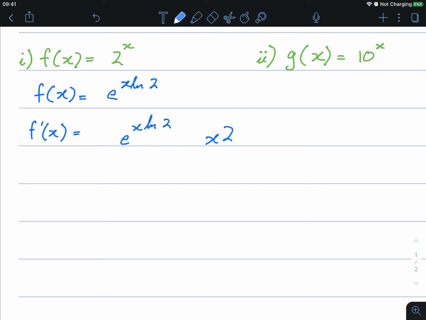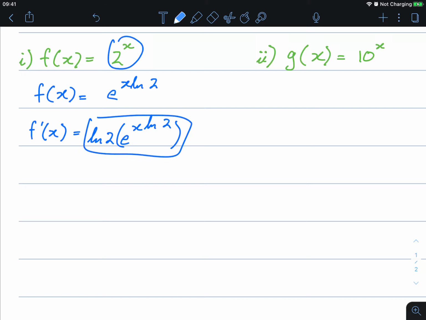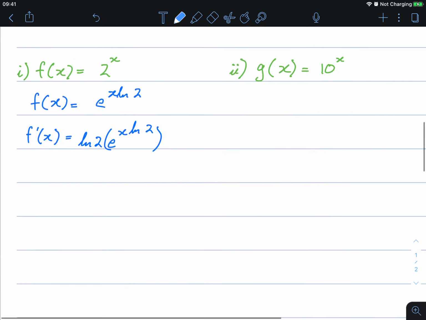It's x ln 2, so that is just a number. When we differentiate just x, we take just that number, so ln 2 times e to the x ln 2. So this here is the derivative of 2 to the power of x.